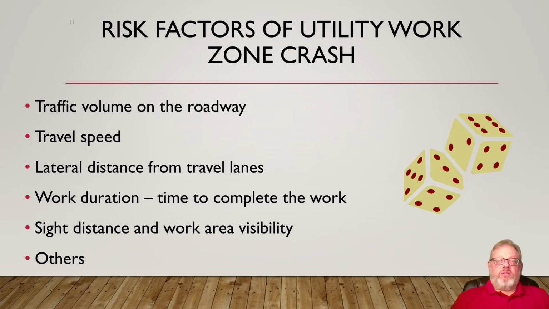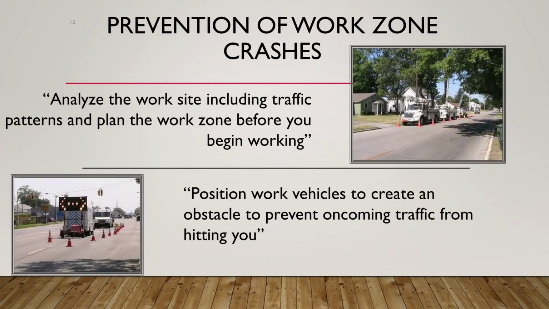There are other factors that contribute to this as well, like weather: rain, sleet, snow, fog, and several others. All these are important to take into consideration because utility work doesn't always happen when it's 75 degrees, blue skies, low wind, high visibility. There are a lot of times when it's really nasty outside. That's when people at utilities go to work. So we've got to keep that in mind.